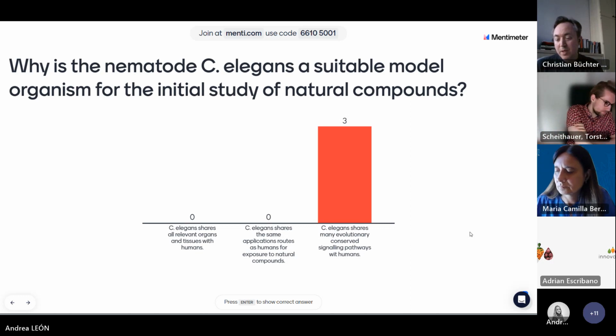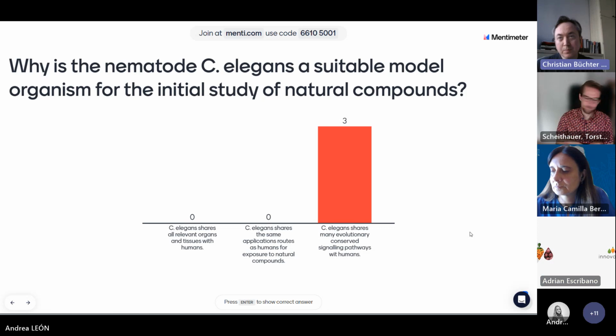is related to aging, for example. And when you inhibit this signaling completely, the worms live twice as long. But you can't really translate it directly to humans, because if you inhibit the insulin signaling or the insulin receptor in humans, you don't live twice as long, but you get diabetes.